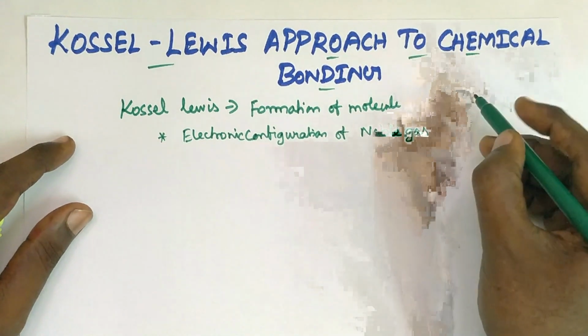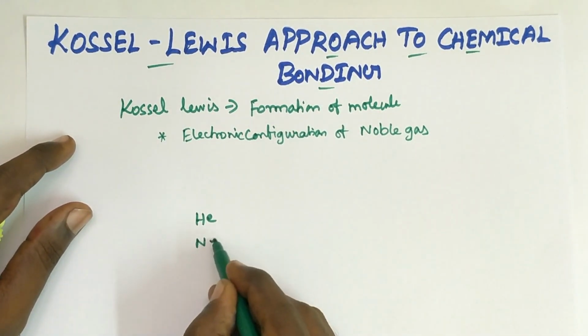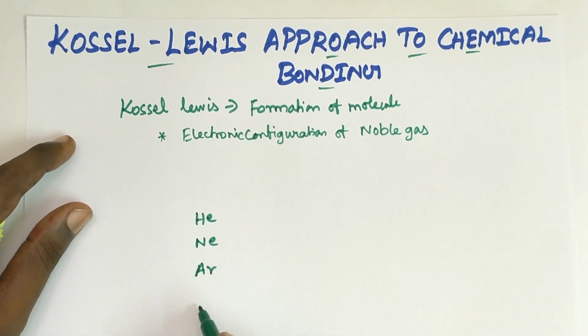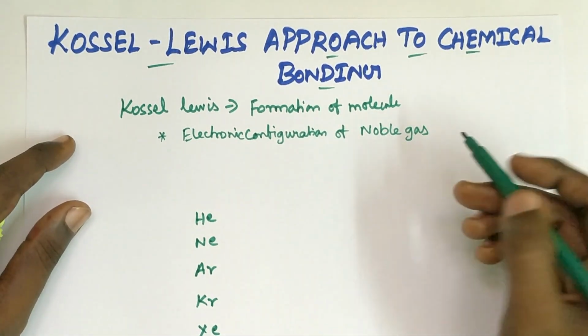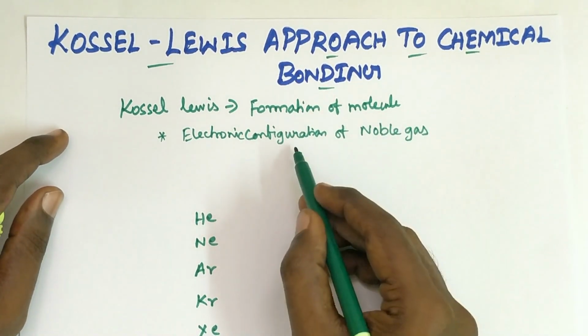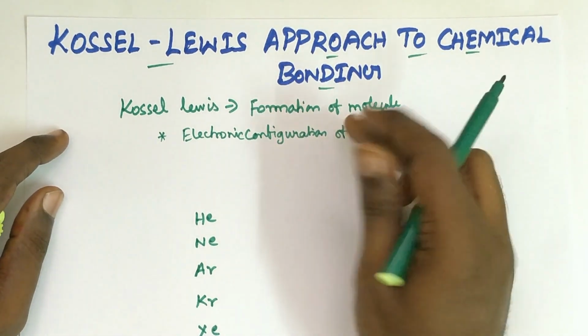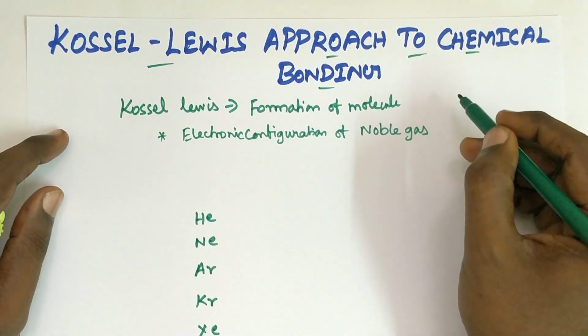So already we know noble gases are helium, neon, argon, krypton, xenon and radon. In the previous topic I mentioned noble gases are inert. So based on the electronic configuration of noble gas, he explained why atoms combine to form a molecule.